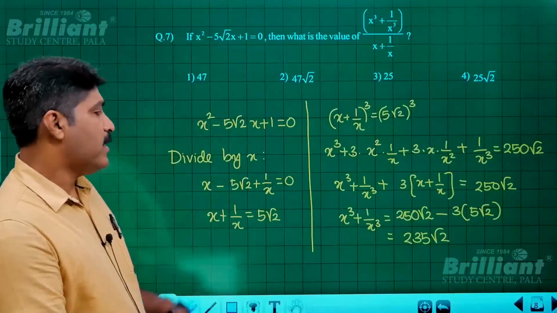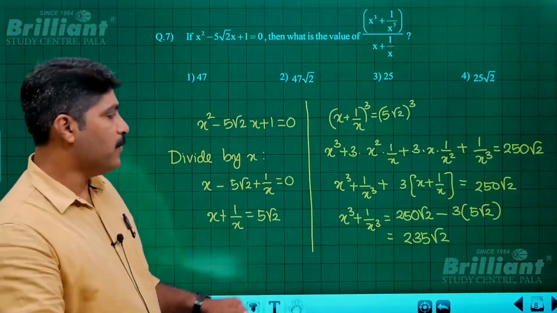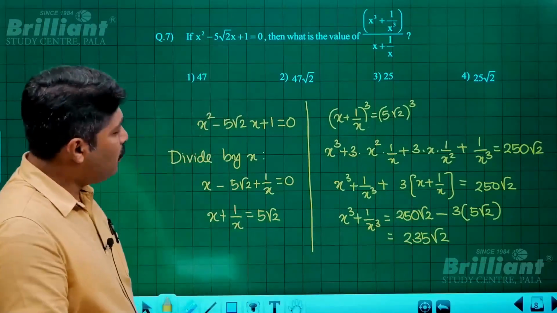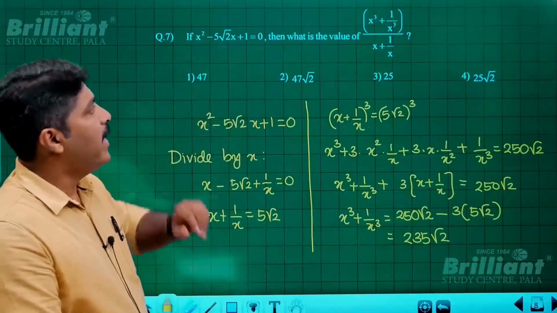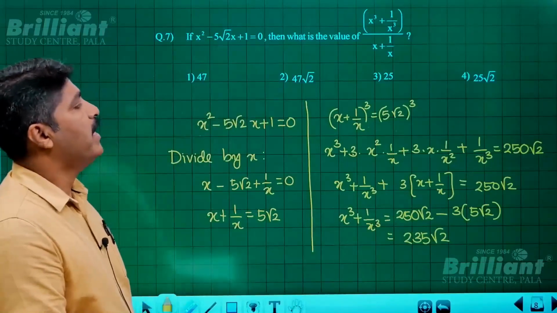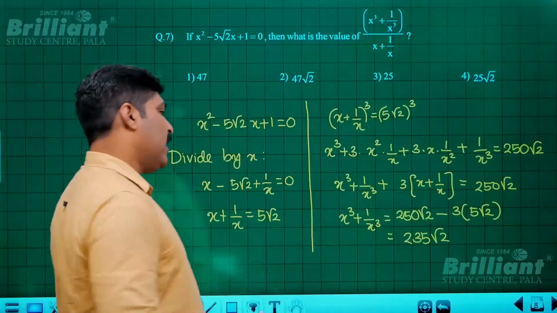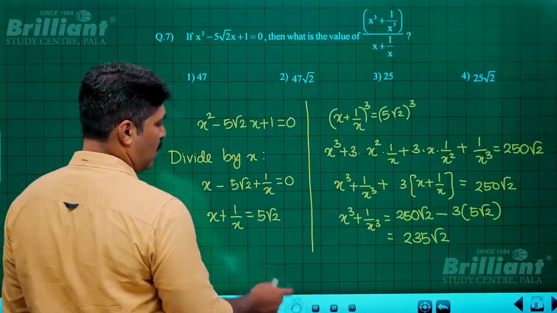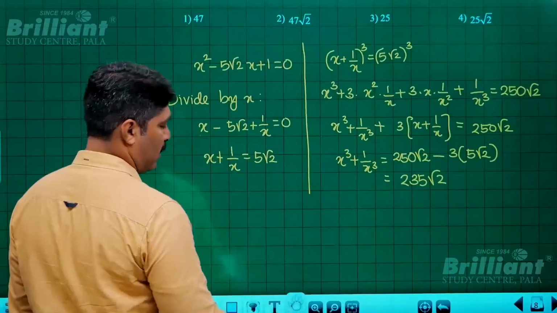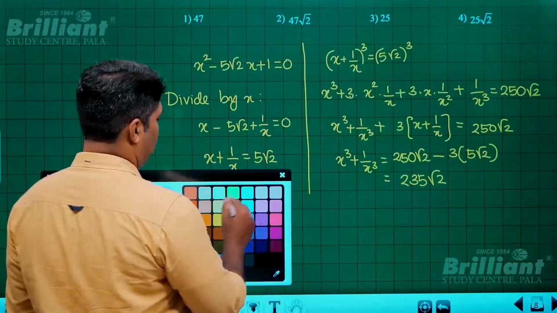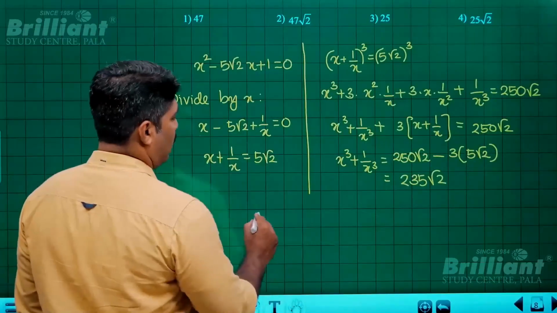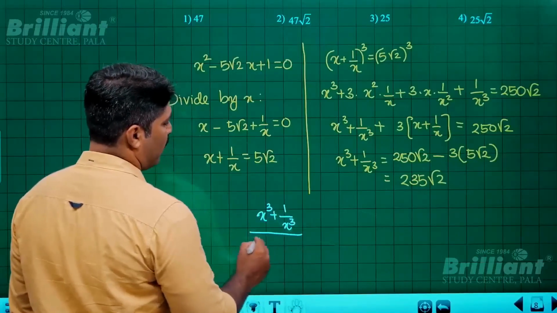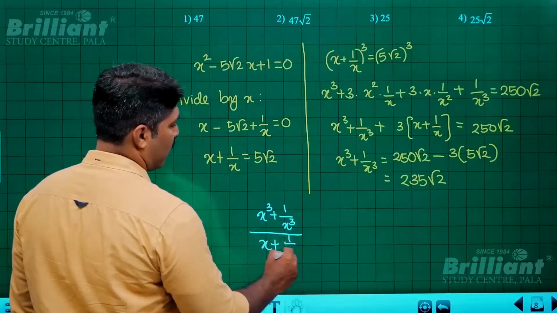Once we get the values like this, x plus 1 by x as 5 root 2 and x cube plus 1 by x cube as 235 root 2, we have to find out the value of x cube plus 1 by x cube divided by x plus 1 by x.